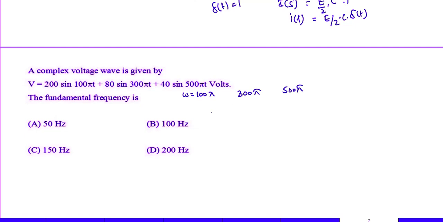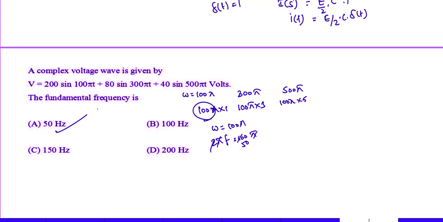Fundamental frequency: 100 pi into 1, 100 pi into 3, 100 pi into 5. So fundamental harmonic is 100, so omega equal to 100 pi. So 2 pi f equal to 100 pi. So pi cancels, f equal to 50 Hz. Fundamental frequency is 50 Hz.